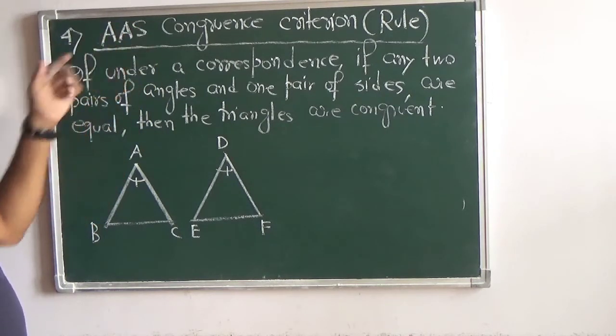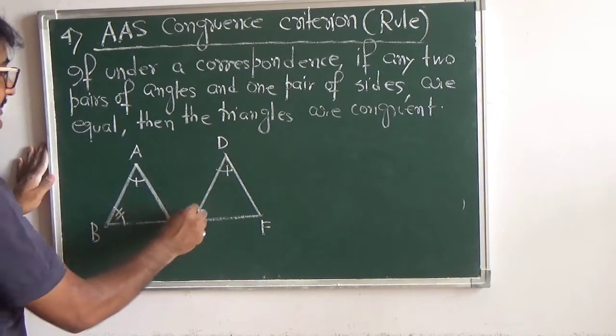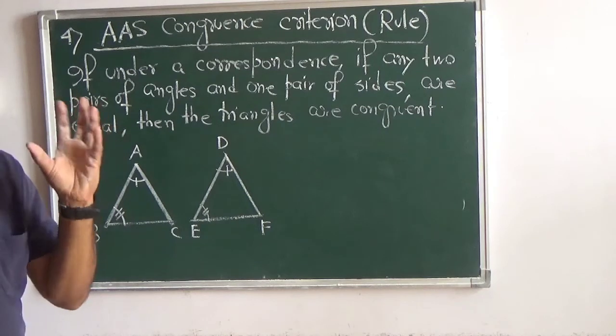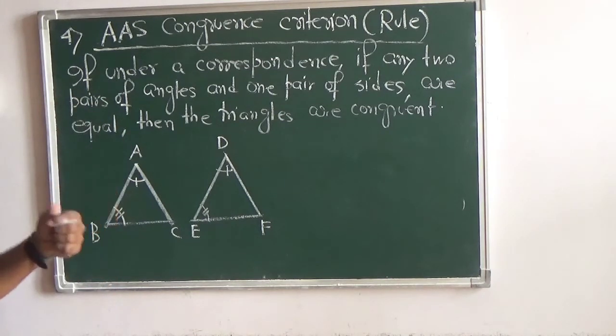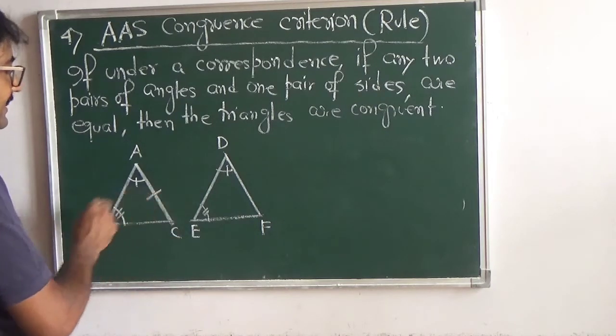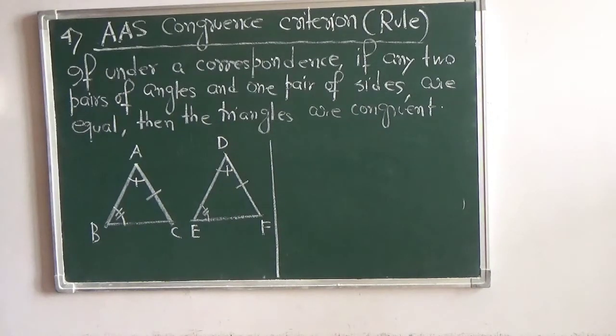So if angle A equals angle D, angle B is equal to angle E, and now for the side, it may or may not be the included side. So you can take side AB equals DE, or side BC equals EF, or side AC equals DF. Suppose we take side AC equals DF, then the two triangles will be congruent.